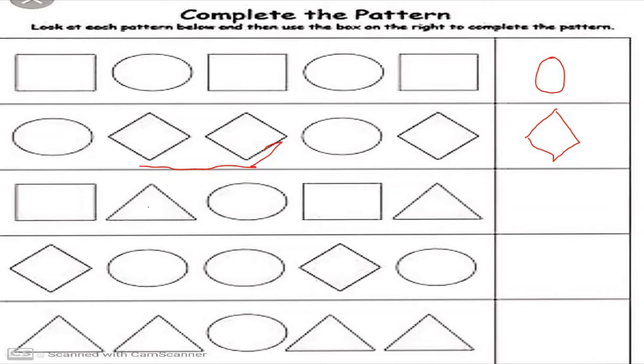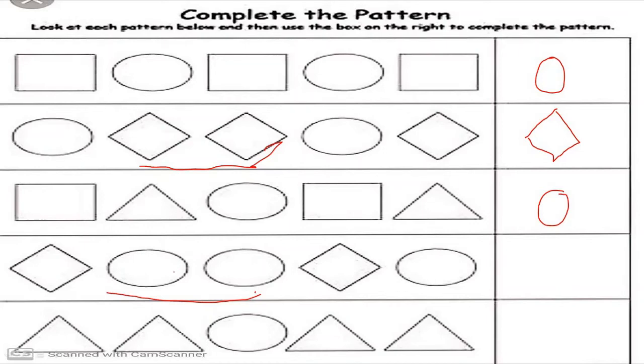Now look, rectangle, triangle, circle, rectangle, triangle and what will come? Yes, circle. Very good. Now what happens? Look, this is the diamond, two circles, diamond, one circle. What will come?